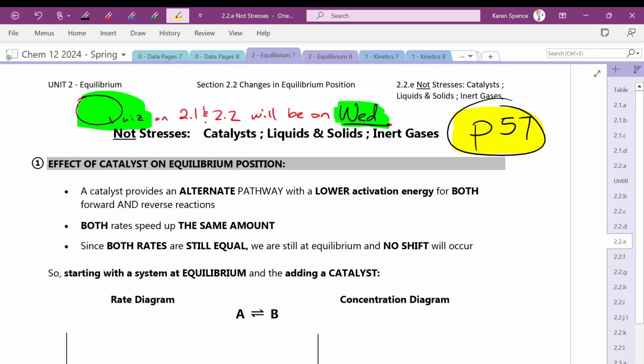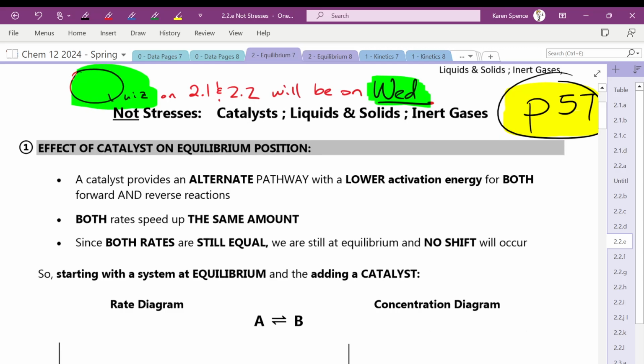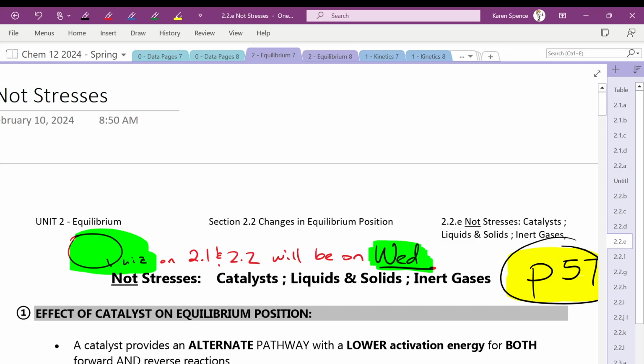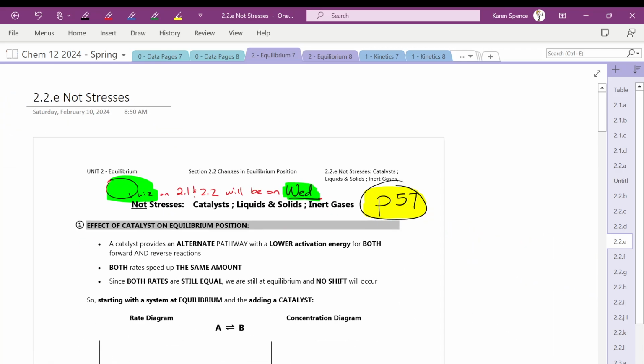So let us remind ourselves, how does a catalyst work? Tell your partner, how does a catalyst work?